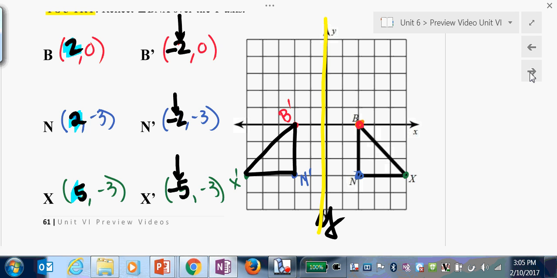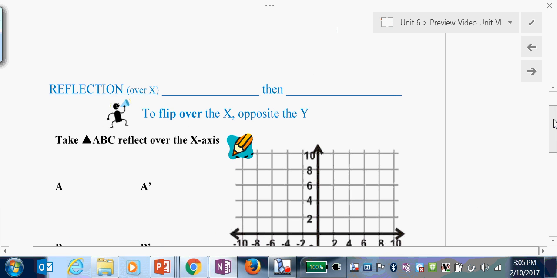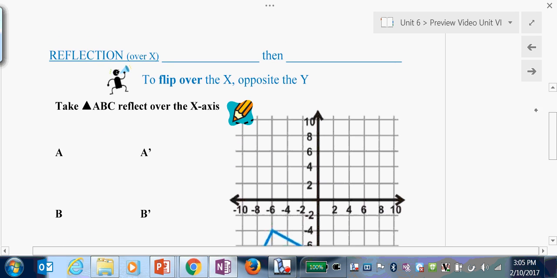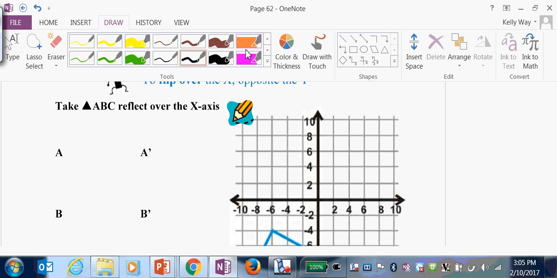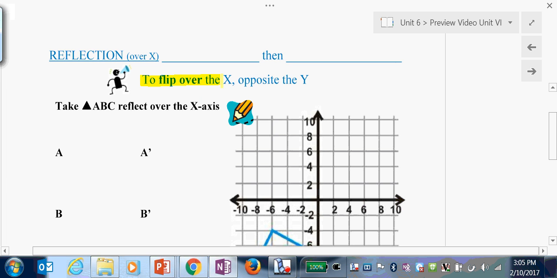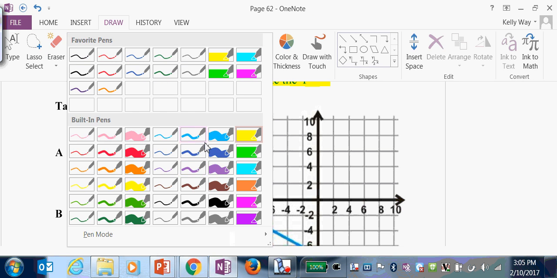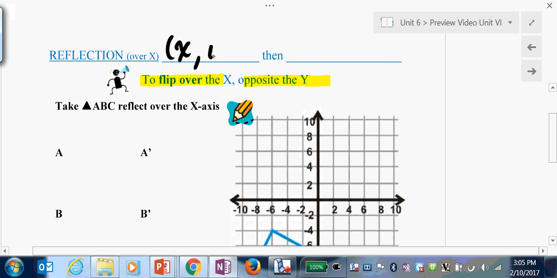All right, so you could probably guess what we're going to do to flip over the x. To flip over the x, opposite the y. So if you have an xy coordinate, if you're going to flip over the x-axis, you opposite the y coordinate.